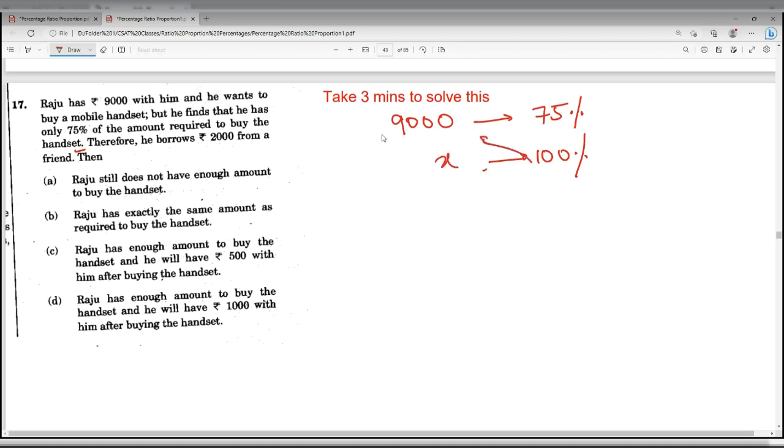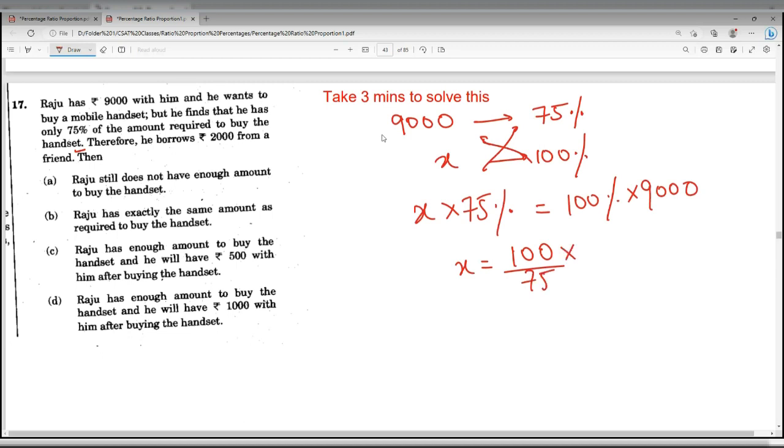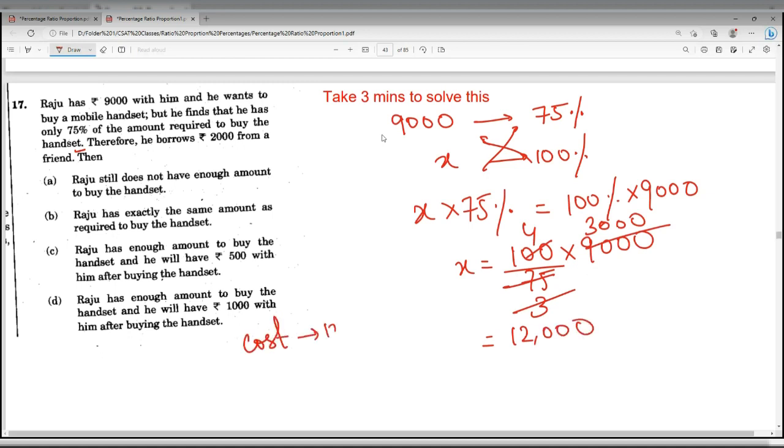We cross multiply: x into 75% is equal to 100% into 9,000. So x is 100 by 75 into 9,000. 25 3s are 75, 25 4s are 100, and this is 3,000. 3 times 4 is 12, so 12,000. So x is 12,000. The cost of the handset is 12,000.